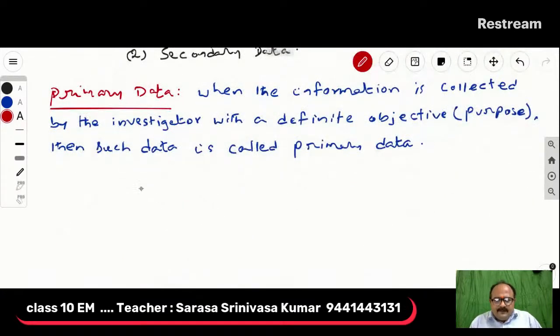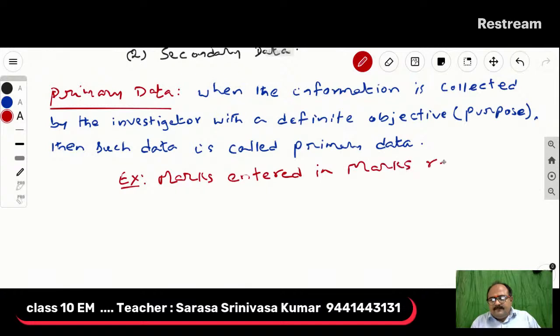So, example: marks entered in a marks register by a teacher.